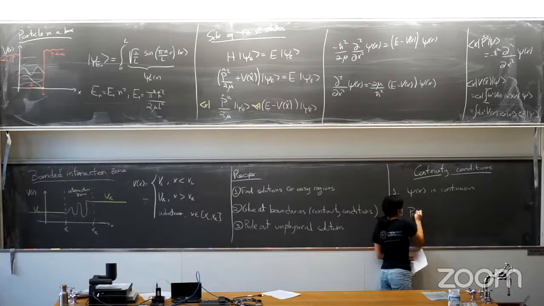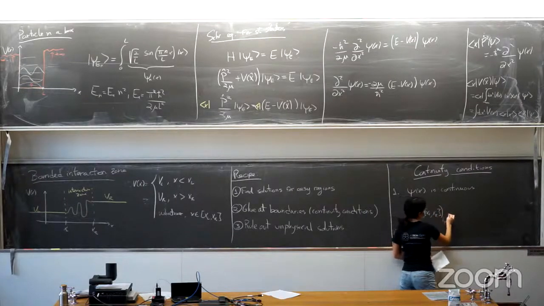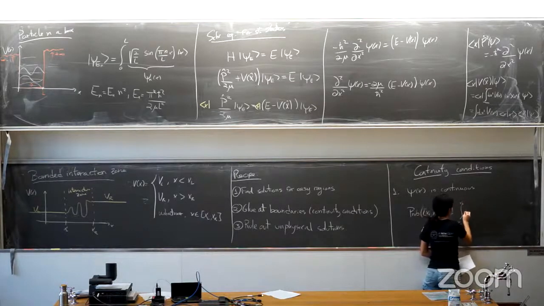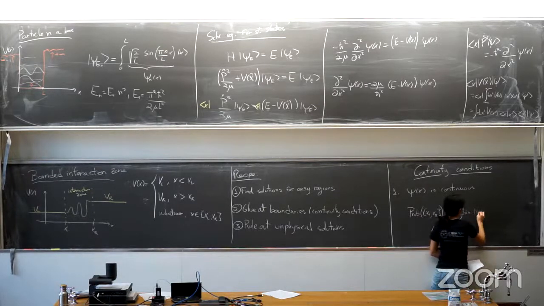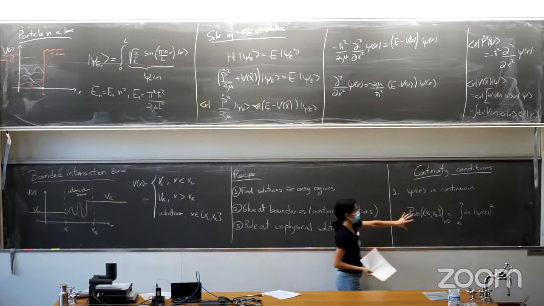So more specifically, what's the probability of finding the particle in some interval from x1 to x2? Well, it's just the integral from x1 to x2 of dx of psi of x squared. And I want this to behave like a probability density.